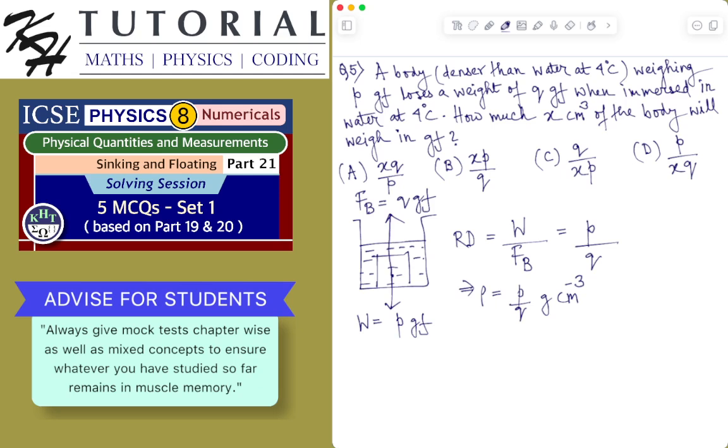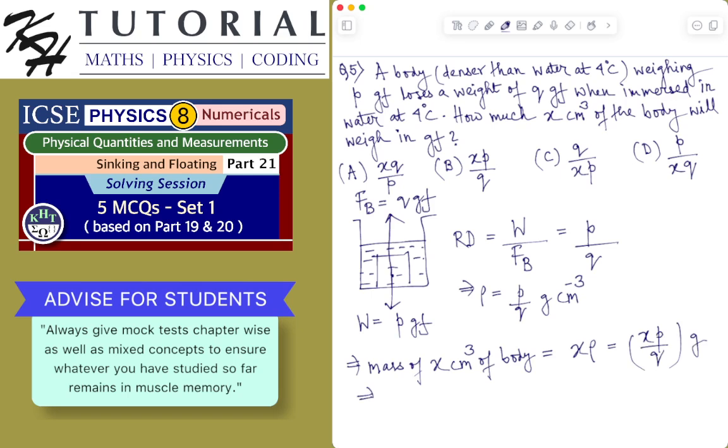So we know the density. So we can say mass of X centimeter cube of body will be equal to the volume, that is X centimeter cube, multiplied by the density, which is equal to XP by Q, this much gram.